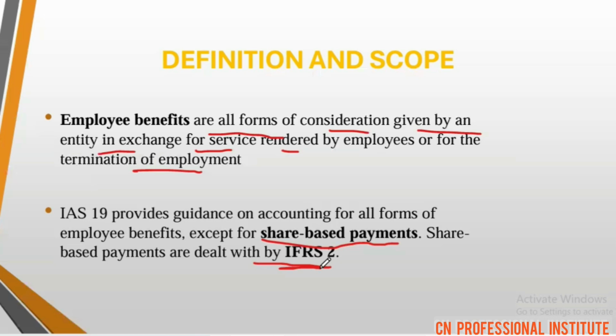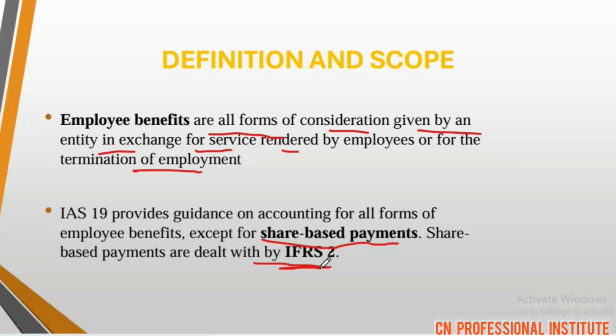If that's the issue, then we shouldn't use IAS 19, even though it's a benefit paid by the entity to the employee. We should use IFRS 2 share-based payment. It's a separate standard on its own.